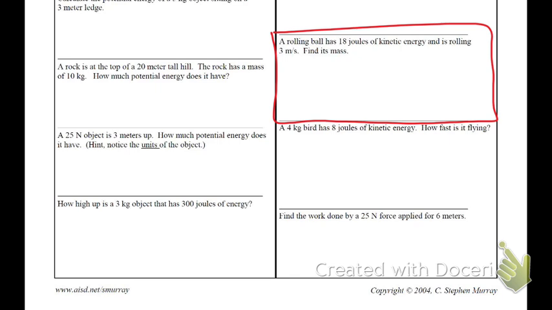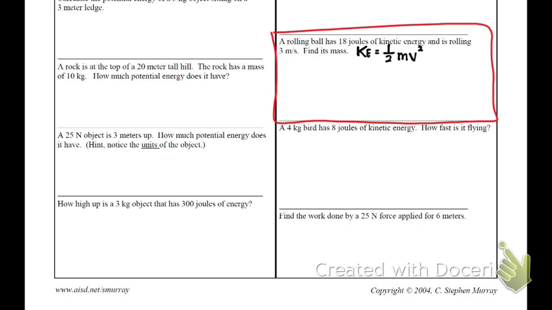So what is the formula for kinetic energy? 1/2 m for mass, v for velocity squared.